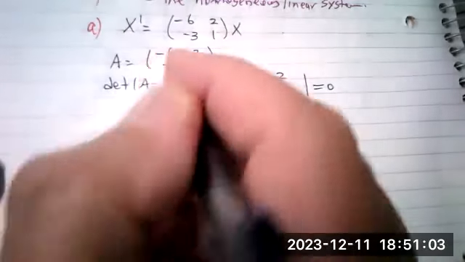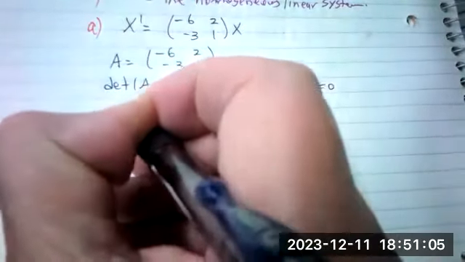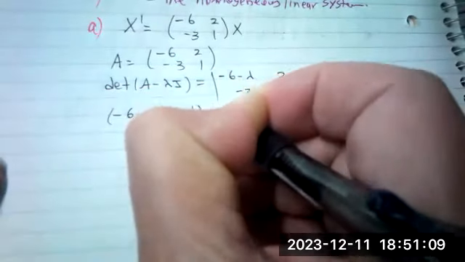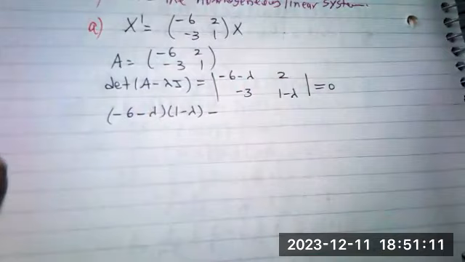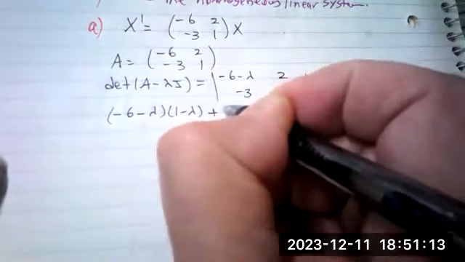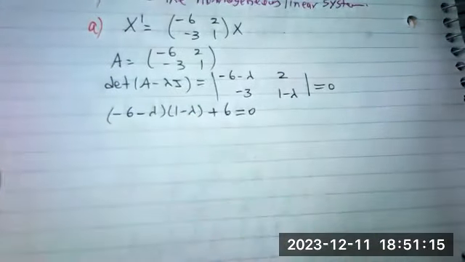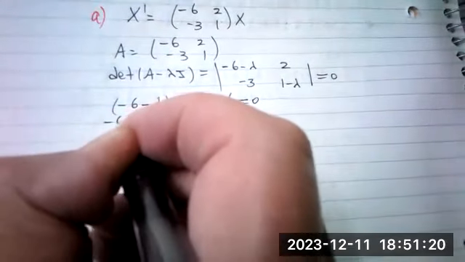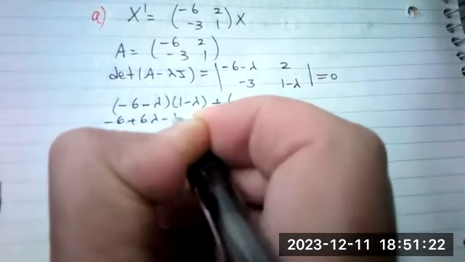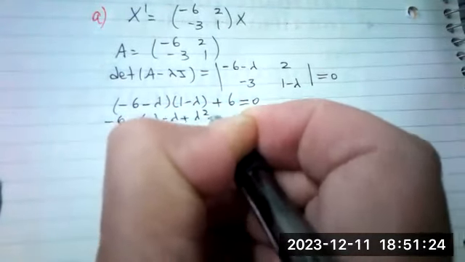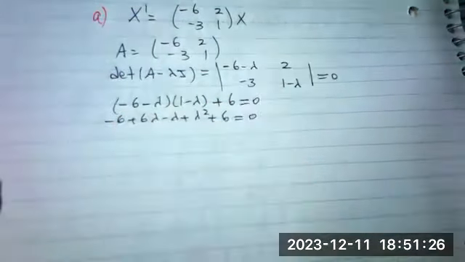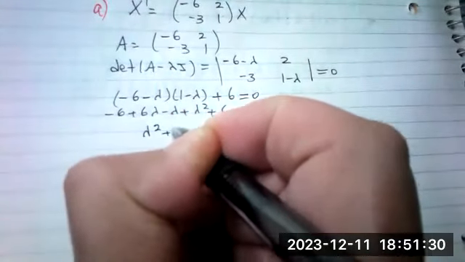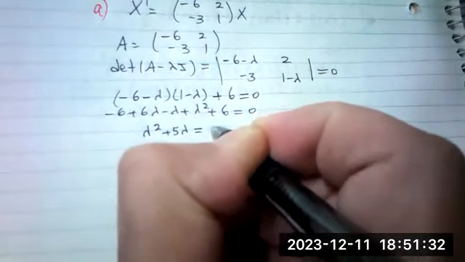Find the determinant: negative 6 minus lambda times 1 minus lambda, minus negative 2 times 3, which would be negative 6, you make it a positive. So it's going to be negative 6 plus 6 lambda minus lambda plus lambda squared plus 6 equal to 0. Combine like terms, that gives you lambda squared plus 5 lambda equal to 0.